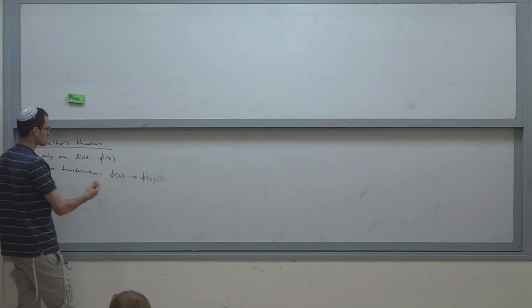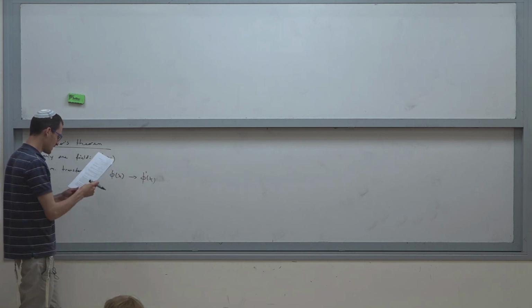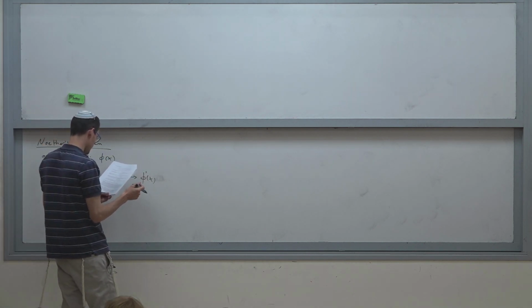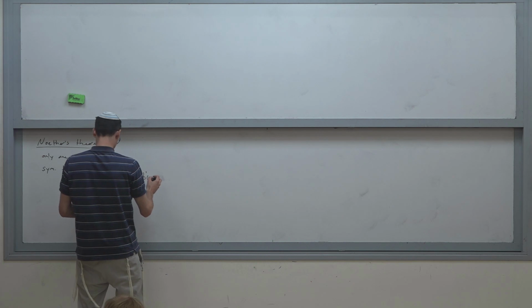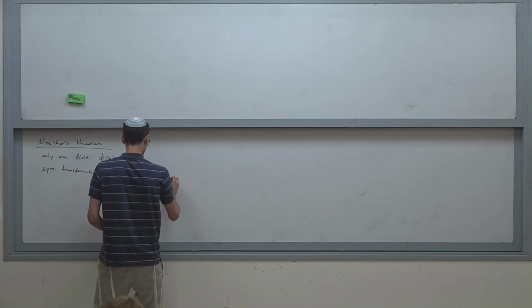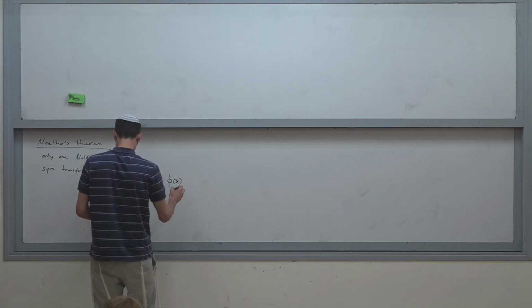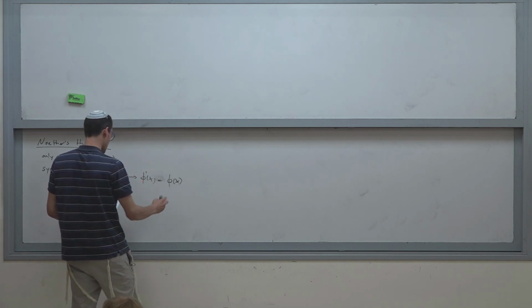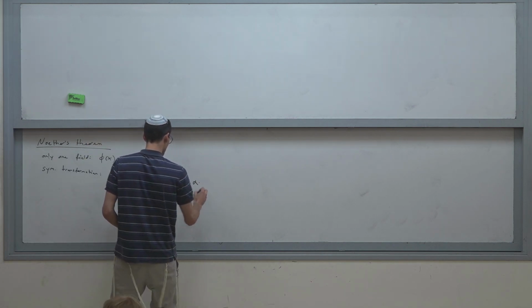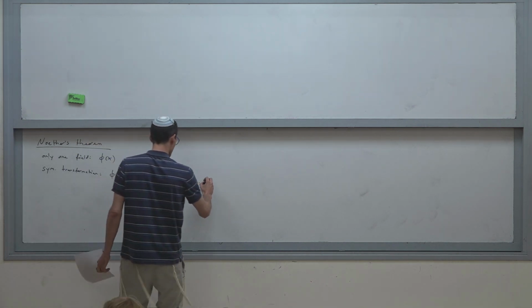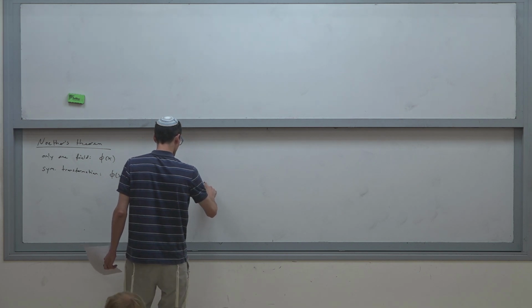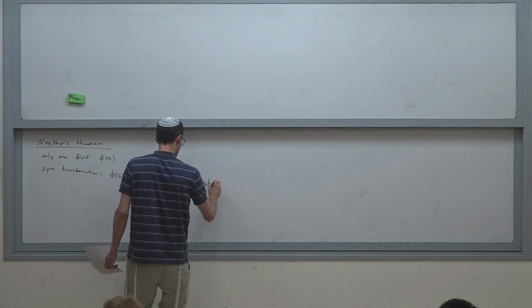And under this transformation, the field changes: phi prime will be equal to phi of x, the original field, plus alpha, which is an infinitesimal parameter, times some change in the field, delta phi of x.